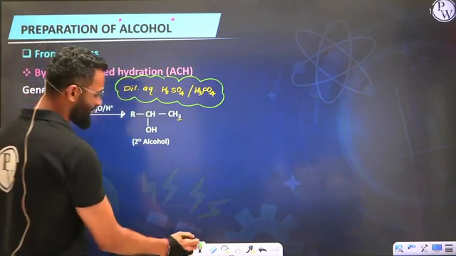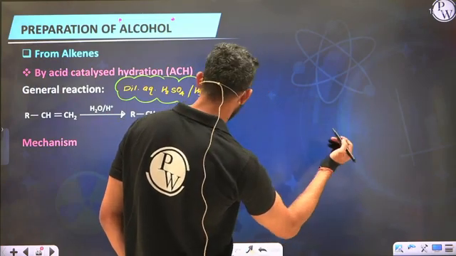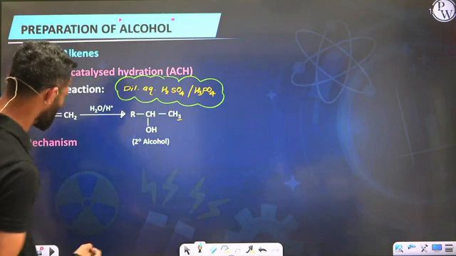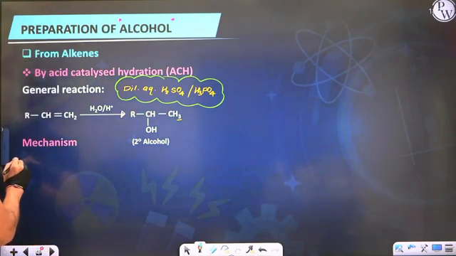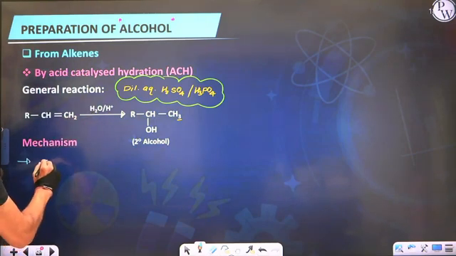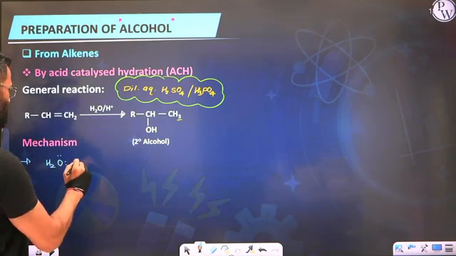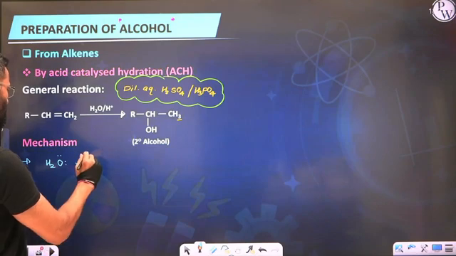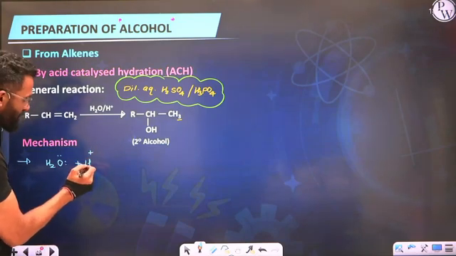Now guys, how exactly does this conversion take place? To understand that, let us see the detailed mechanism here. We have water in presence of an acid. H plus indicates it is electron deficient.